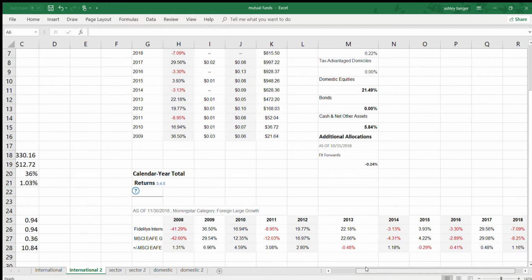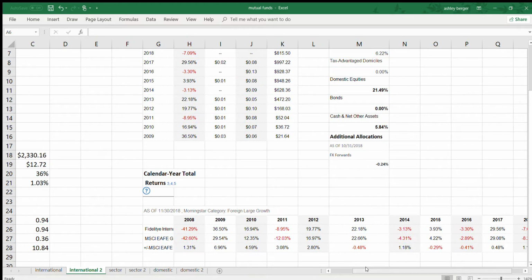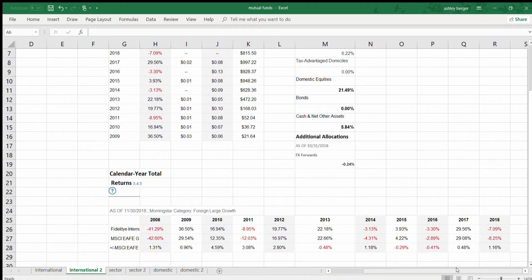This one also uses the benchmark of the MSCI Europe Australasia Far East Growth Index and has been performing pretty parallel to that index.